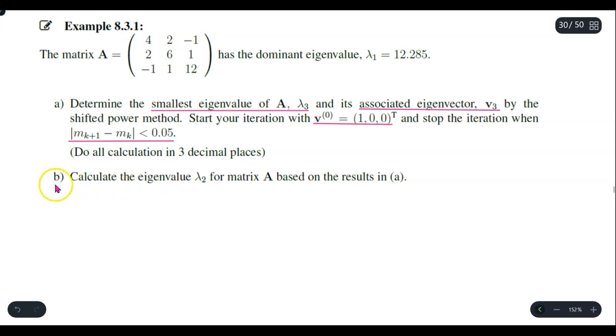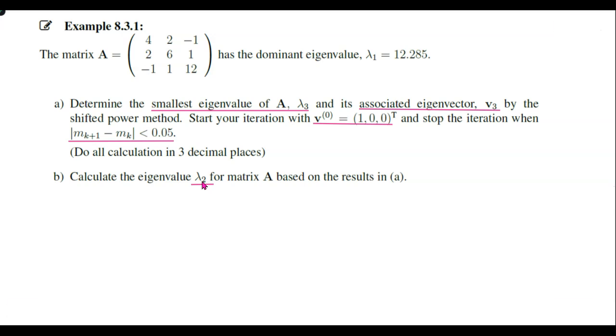That's part A. In part B, we need to calculate the eigenvalue lambda 2 for matrix A based on the result in part A. Lambda 1 is given here. From A we get lambda 3, and then we need to get lambda 2, the eigenvalue between lambda 1 and lambda 3. There is a particular theorem to get lambda 2, which we will see after this.